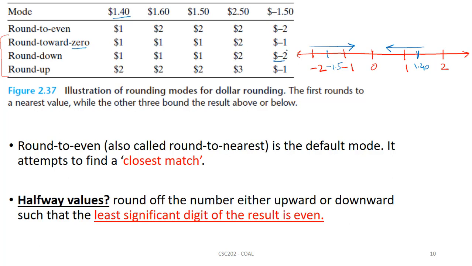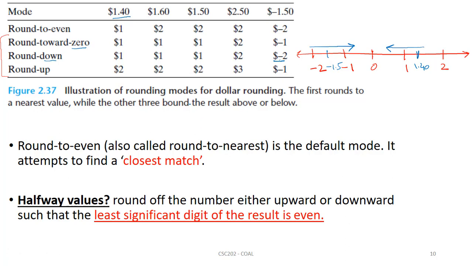Why? Because -1.5 is greater than -2, and my rule is I want to round down. I want a smaller number, so I'll go toward -2 as compared to -1, as you can see in the previous example. Round up, a scaling approach. Whatever you have, you are going to scale up.